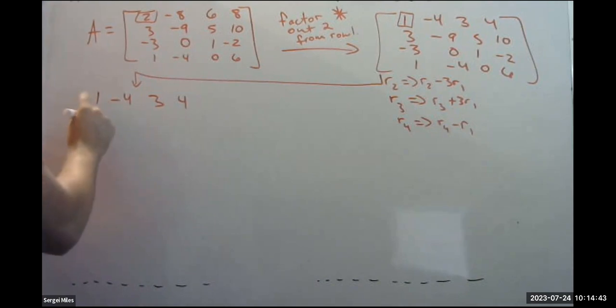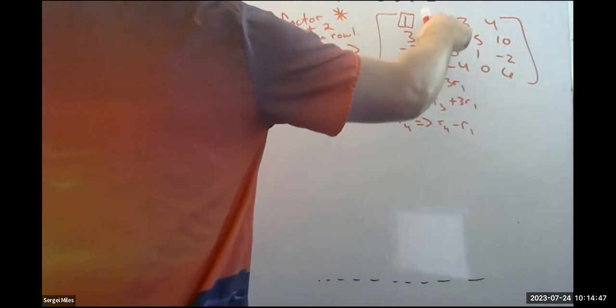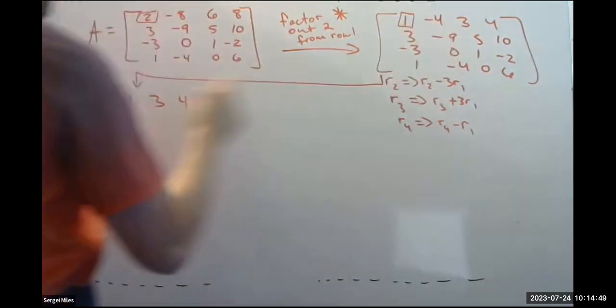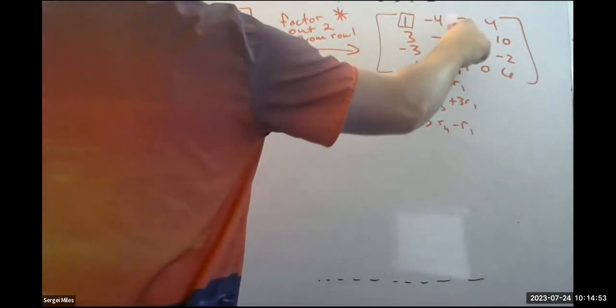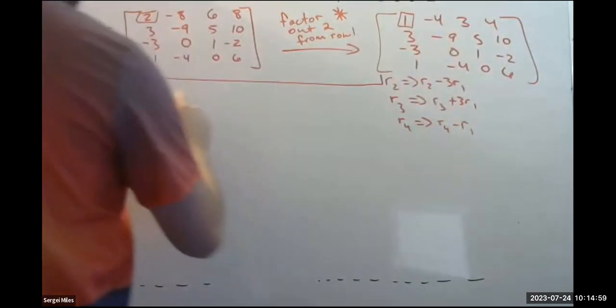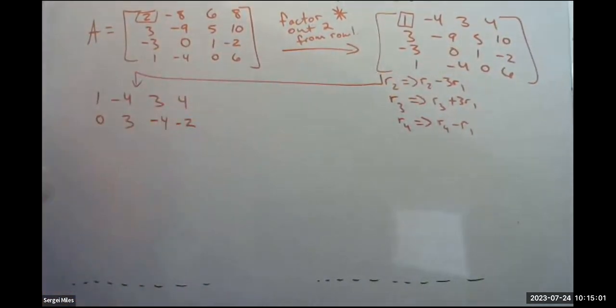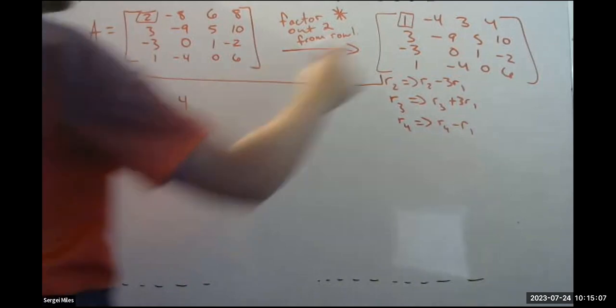Then we're going to have 0. -4 times -3 is a positive 12. 12 minus 9 is 3. 3 times -3 is -9. We add 5, -4. 4 times -3 is -12. We add -2, right? And then we're going to have times 3 and add, so that's 0.